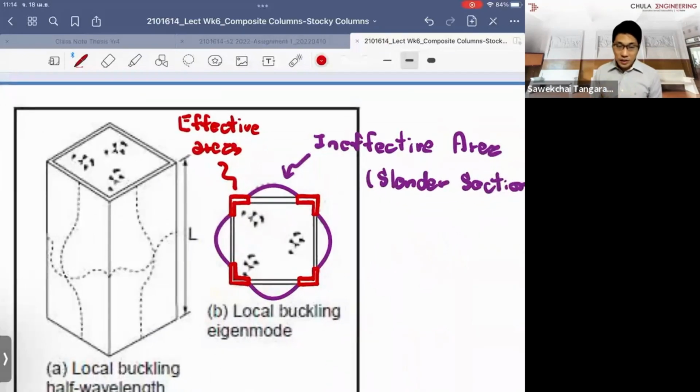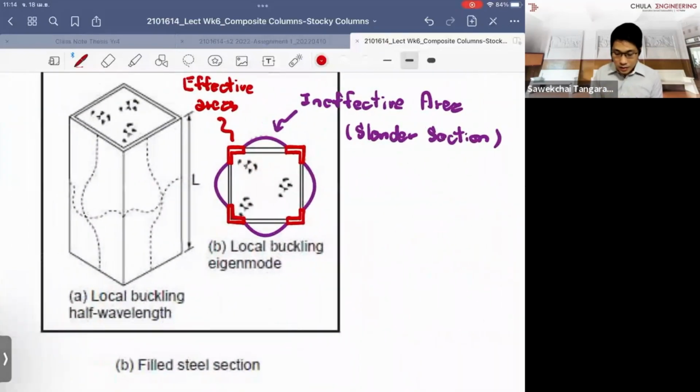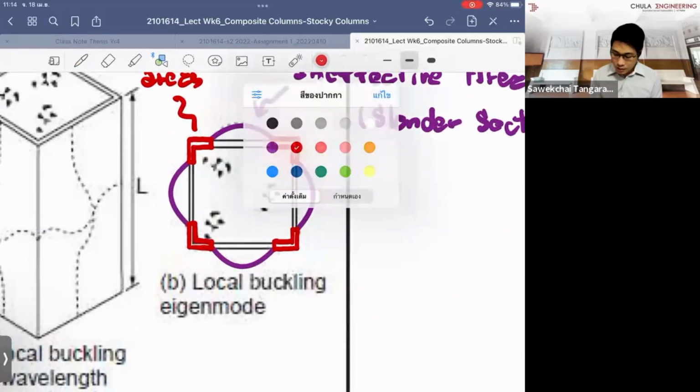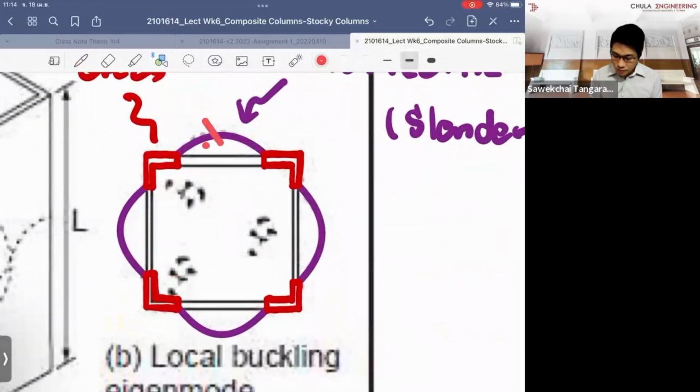And when we make the adjustment for the effective areas, we remove, in calculating the forces, this area.